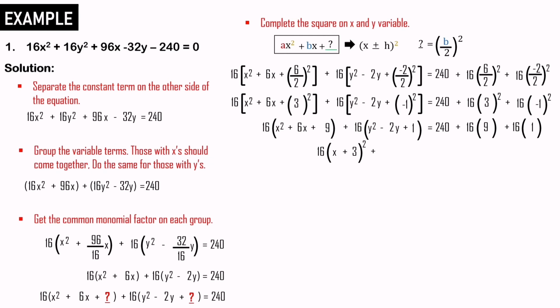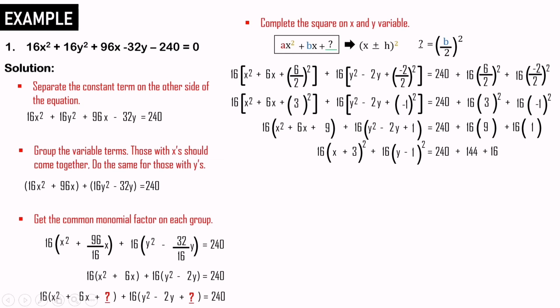Plus, ang kani siya pod, perfect square na pod ni siya. Ang mahimuan ni kay y minus 1. So, kung unsa tong naa diri na value. So, mahimo siyang 16 times the quantity y minus 1 squared is equal to 240 plus 16 times 9 is 144 plus 16 times 1 is 16.